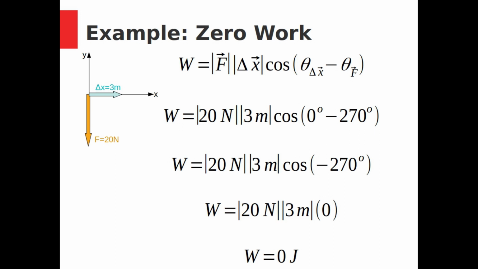The displacement has a magnitude of 3 meters and is oriented at 0 degrees. The work is equal to 20 newtons times 3 meters times the cosine of 0 minus 270. But the cosine of negative 270 is 0, so the work done by the weight force is also 0. Whenever a force is perpendicular to the displacement, that force is doing 0 work.